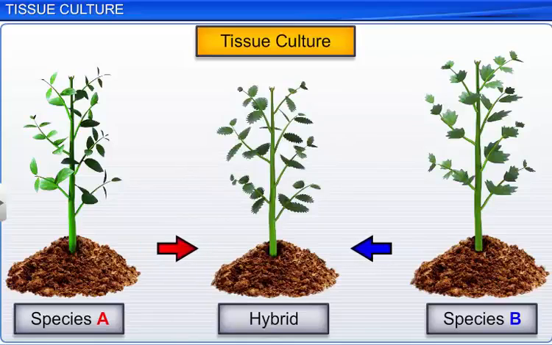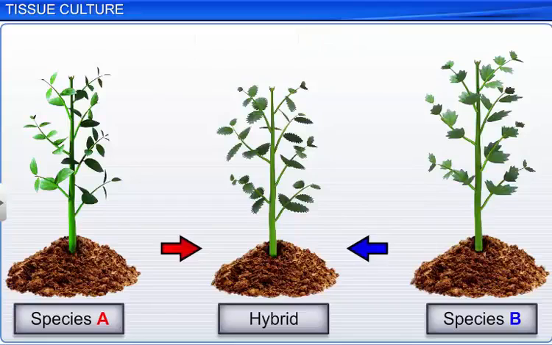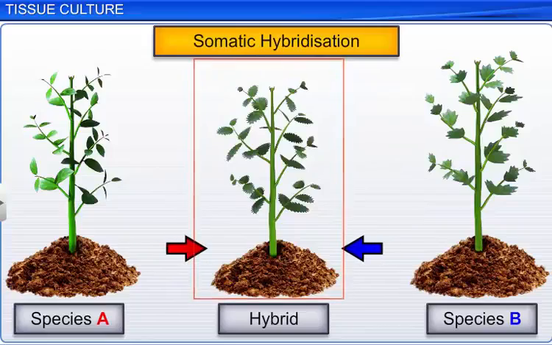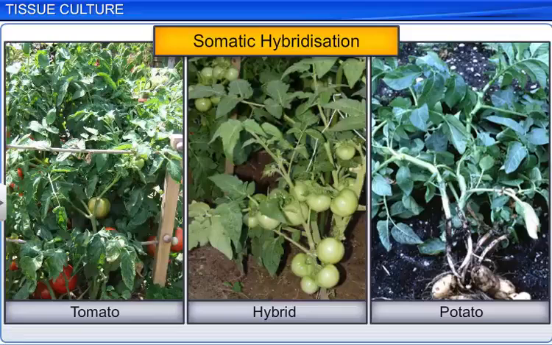This process of developing a hybrid plant using somatic cells is called somatic hybridization. It was employed while fusing the tomato and potato plants to obtain a hybrid plant. As a result, the hybrid plant resembled the tomato, but it didn't combine all the desired characters as expected.